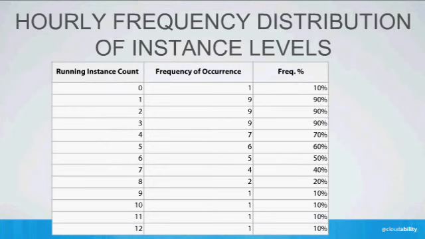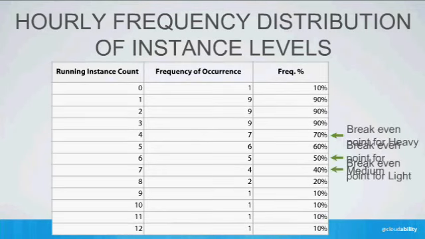And from that, we cycle through based on the break-even points for lights, mediums, and heavies. So let's say 4 instances we're running 70% of the month, which is above the break-even point for a heavy. 5 instances we're running at least 50%, which is above the break-even for a medium.